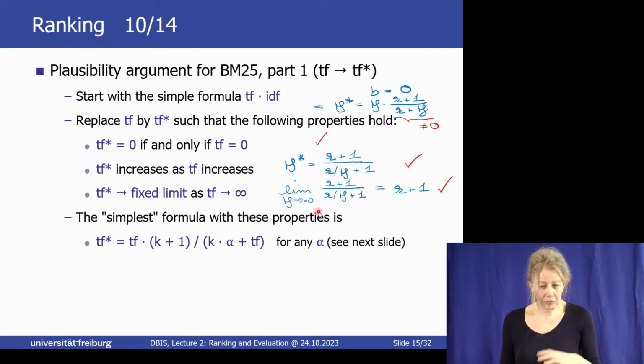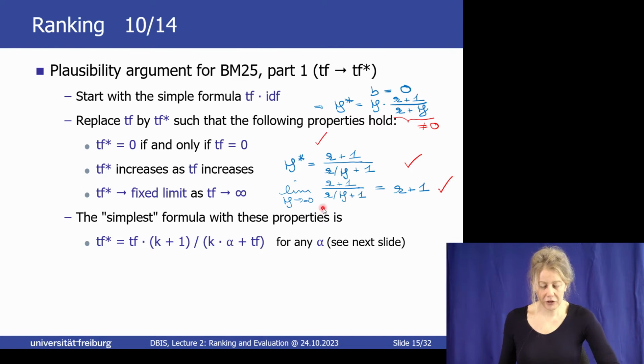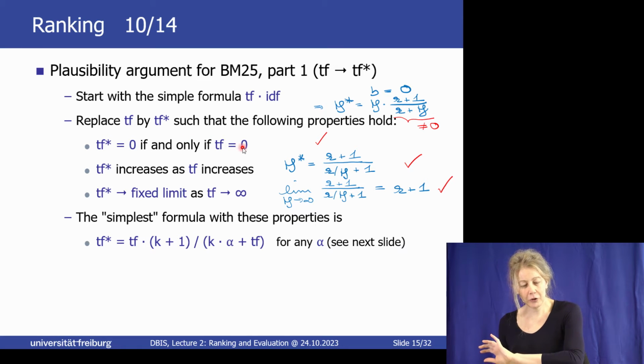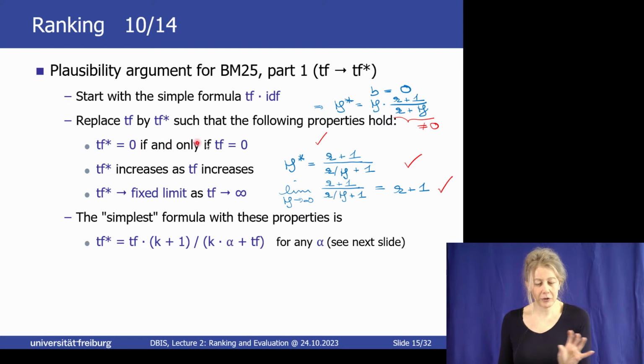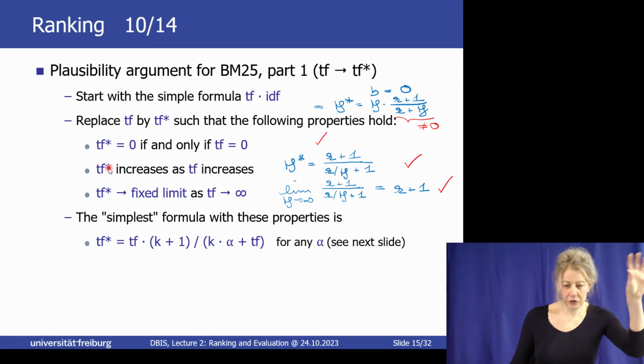And really, the best explanation, I mean, there's so much literature about this, but the best explanation for this formula is you have these three very natural properties. You have tf, you want to modify it to some variant of tf. Certainly if the word does not occur at all, this should also be 0. That's very natural. We have that property. If the word occurs more often, then this modified measure should also increase.